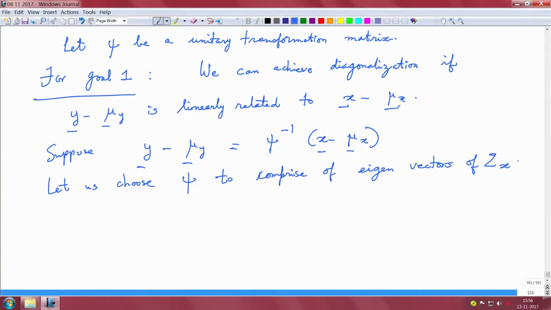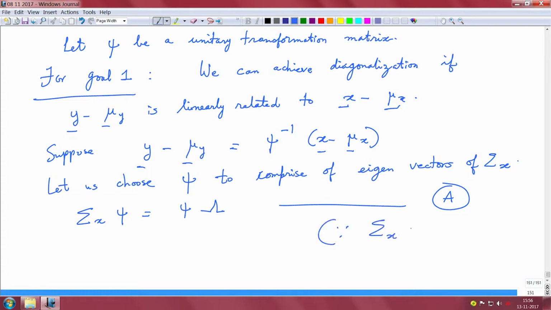Okay. So, now if we assume this solution, right, then sigma x times psi is psi times lambda. I call this equation A. Why? Because of course we can say sigma x times some, say psi i is one such vector, right, is basically lambda i times psi i. This is your eigenvalue equation for i equals 1, 2, 3, so on till n, right.